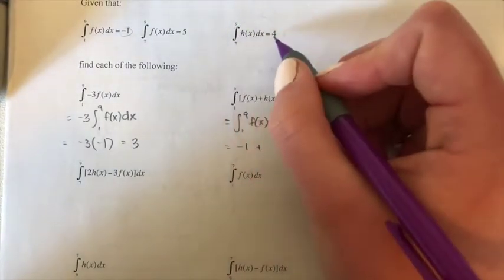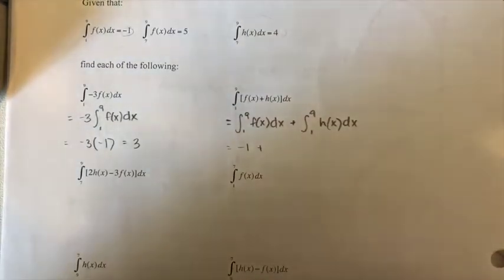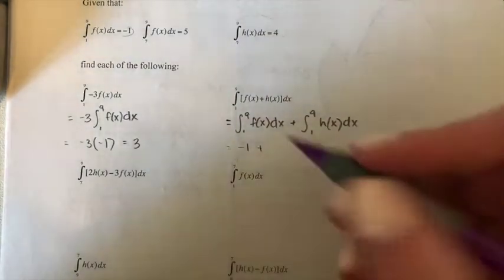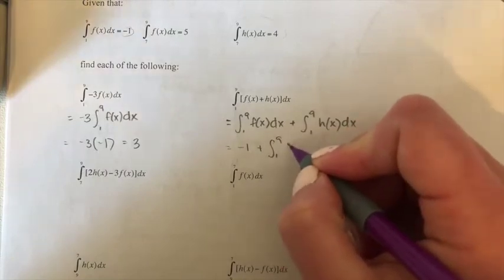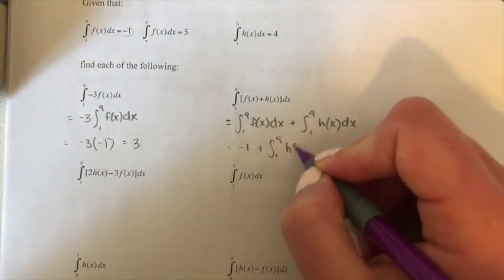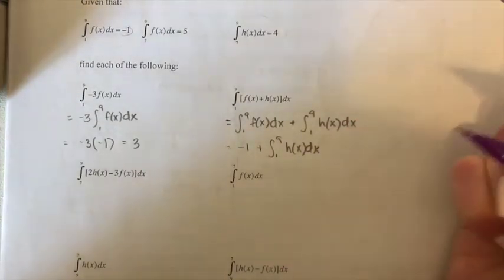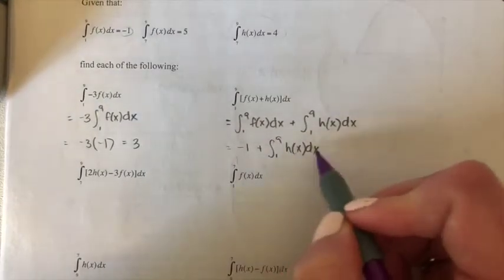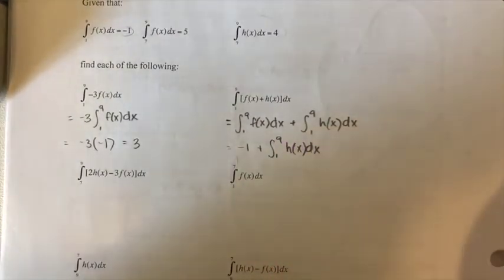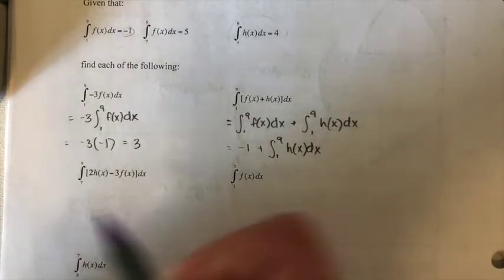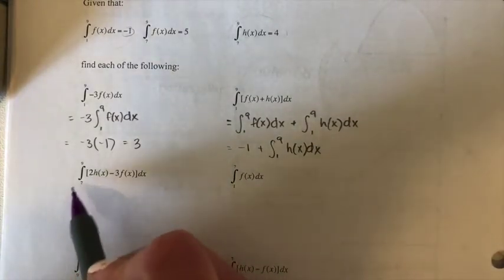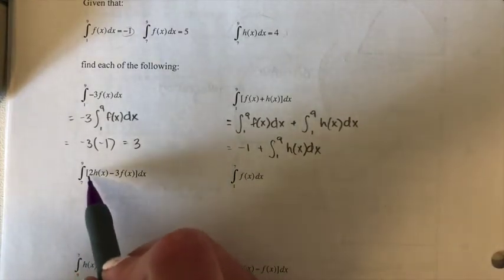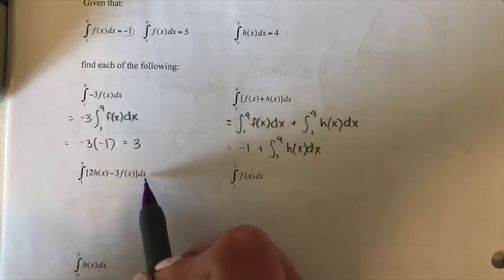We know from 7 to 9 is equal to 4, but we don't know how the function behaves and how the area is before that. So we're just going to leave this as 1 to 9, the sum of the area under this curve from 1 to 9. This next one, we've got the integral from 7 to 9 of 2h of x minus 3f of x dx.